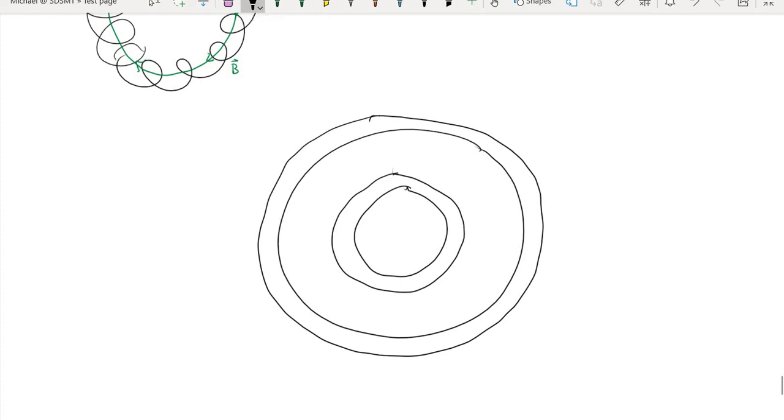We're going to get cross-sections of wires where the current comes out of the page. And then we're going to have just as many cross-sections of wire carrying current into the page.